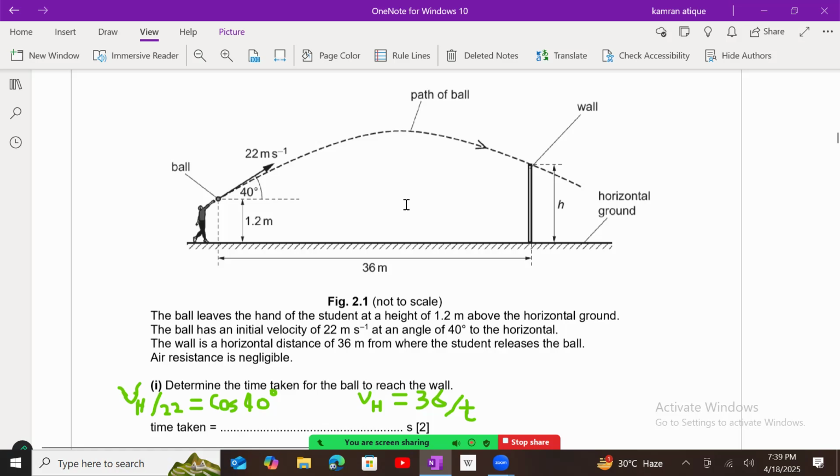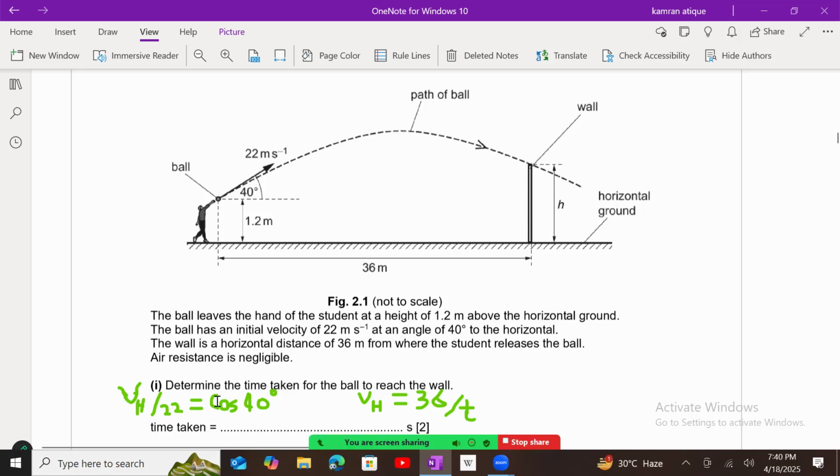The force of gravity is producing the acceleration due to gravity, which equals 9.81. 9.81 is a positive value when a body is moving in the downward direction. It has a negative value when the ball or any other body is moving in the upward direction. So we should be very careful about minus 9.81 or plus 9.81.